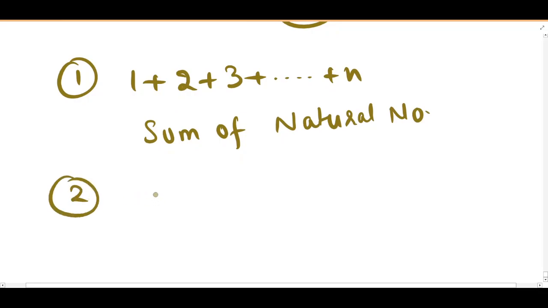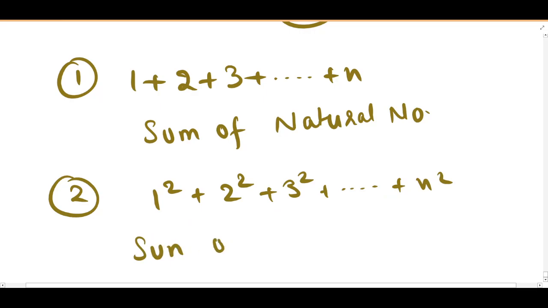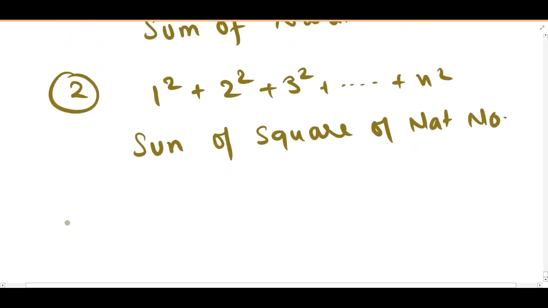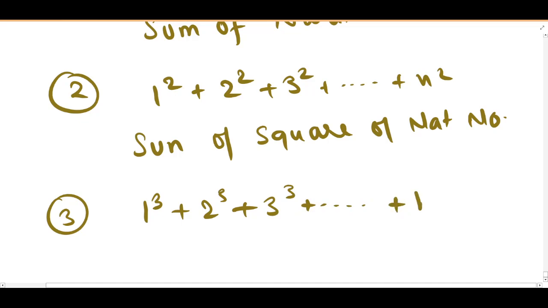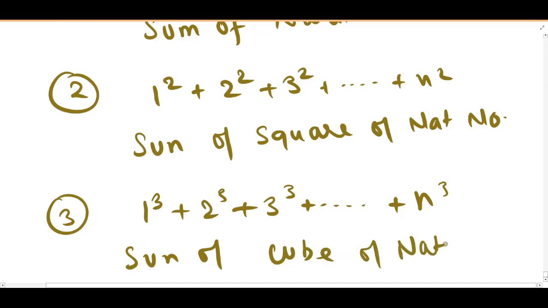Second is 1 square plus 2 square plus 3 square plus dash dash dash plus n square, which is a special series known as the sum of squares of natural numbers. And third is 1 cube plus 2 cube plus 3 cube plus dash dash dash plus n cube, which is known as the sum of cubes of natural numbers.